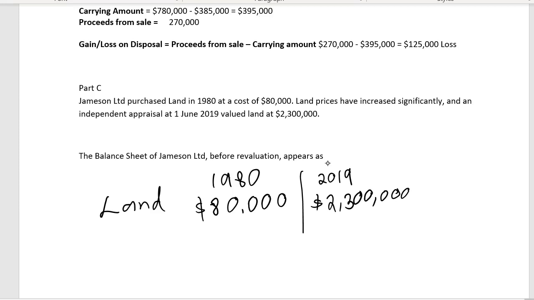So land prices increased by how much? It's 2.3 million minus 80,000. That gives you 2,220,000. And that is what we record as part of our revaluation journal.